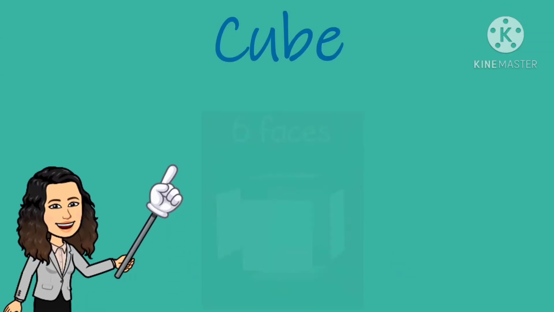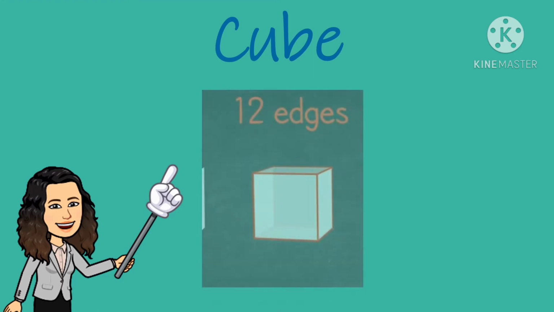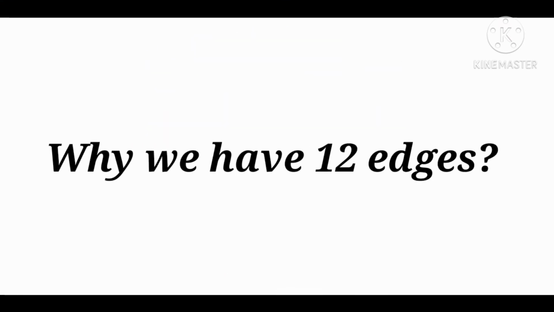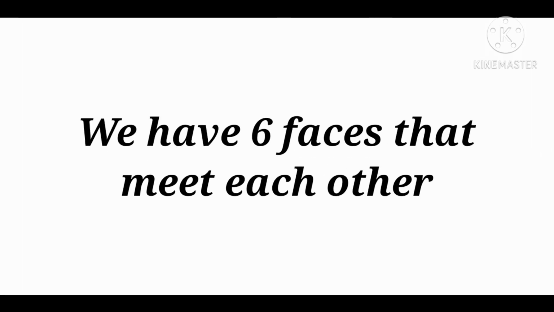A cube has 6 faces that are identical and 12 edges. I have a question. Why do we have 12 edges? Yes, Rombawa? Very good. Because we have 6 faces that meet each other.